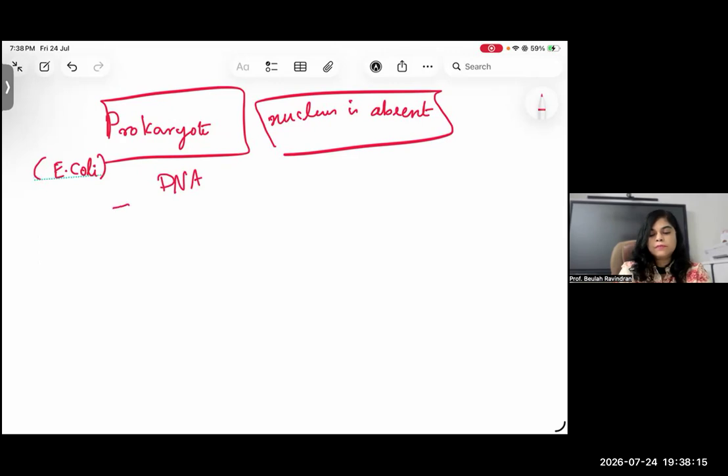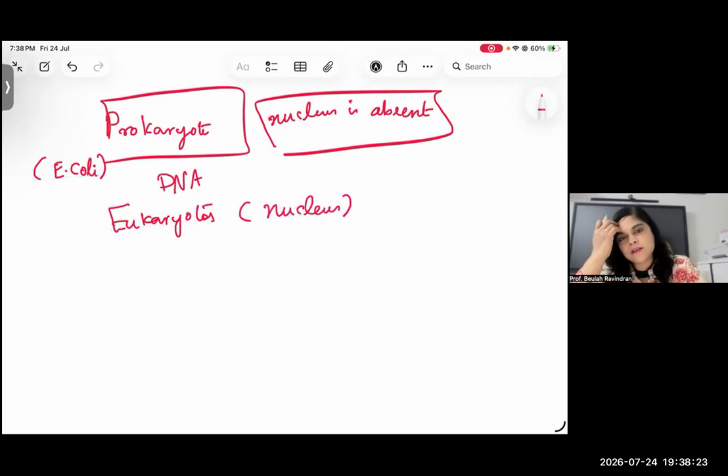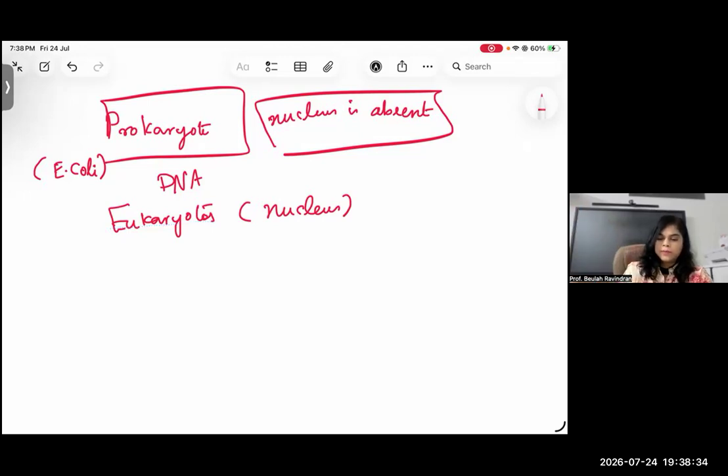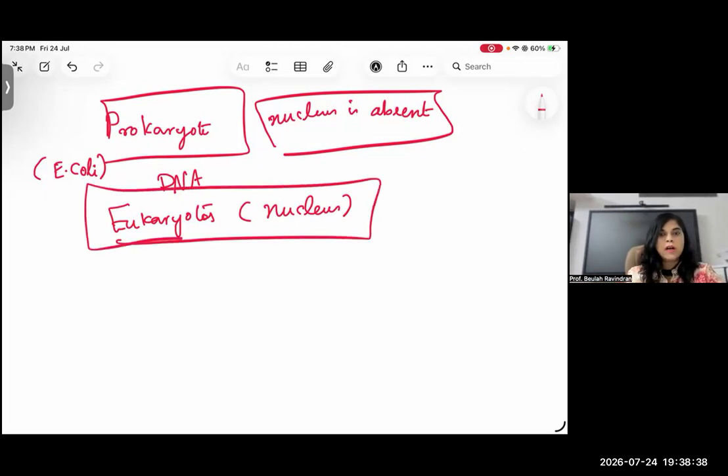And what about eukaryotes? Eukaryotes consist of a nucleus, and it also consists of DNA. I will explain how the packaging takes place in eukaryotes.